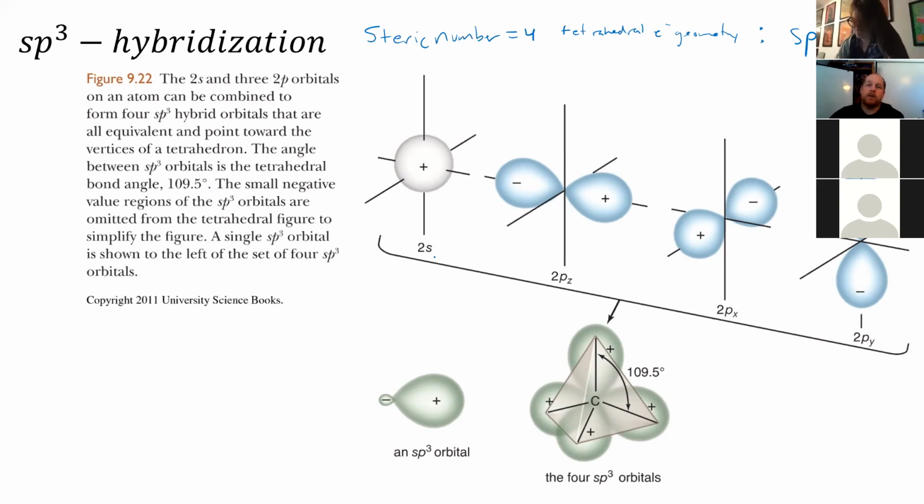In an sp3 hybridized central atom, we construct the model for the wave functions of the orbitals on that central atom by combining the 2s and the 3 of the 2p orbitals, the 2pz, the 2px, and the 2py, for something like carbon, excuse me, that's in the second period, right? Its valence orbitals are the 2s and then the 2p orbitals.